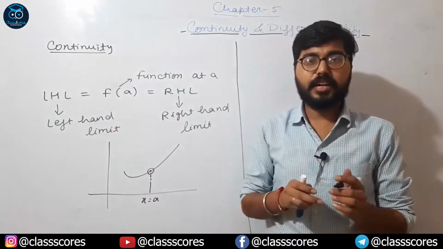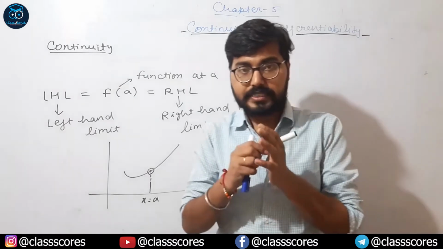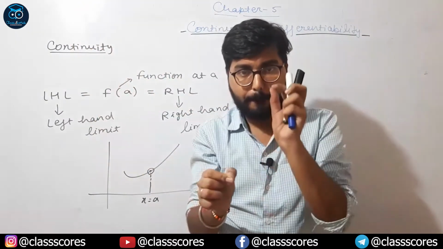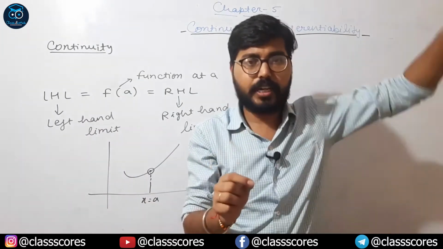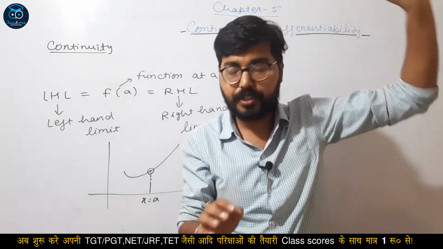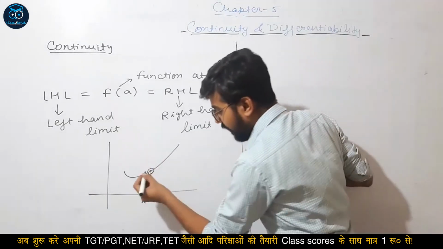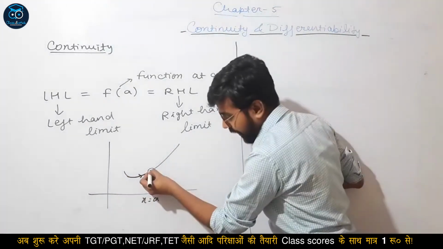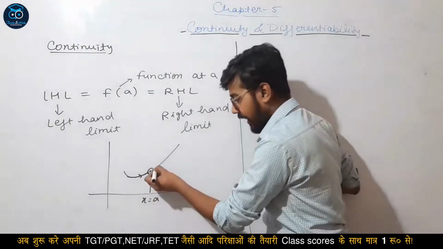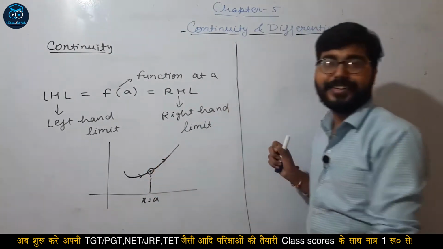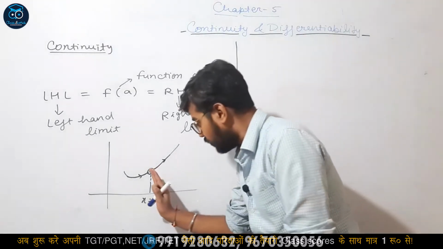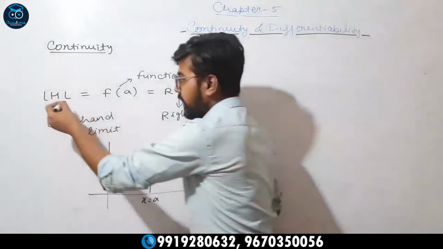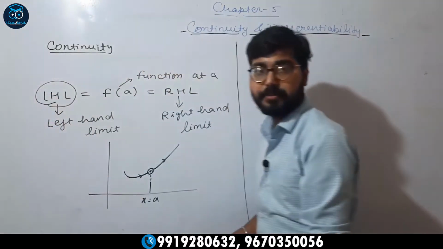When we say the graph is continuous, it means the graph is coming from some point, passes through a point, and moves again towards the next point. At this point, this part is the left part, so we can check it by the left hand limit.